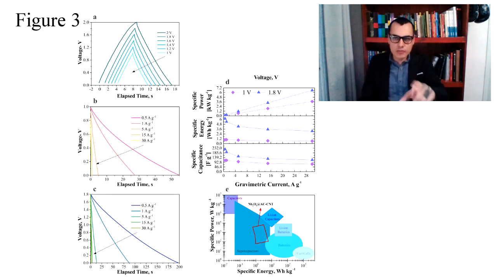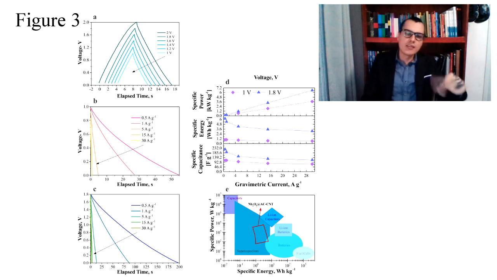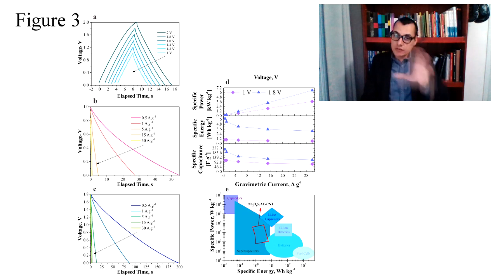With an increase of the gravimetric current from 0.5, 1, 5, 15, and 30 amperes per gram, the results indicated that both devices exhibit a typical symmetric triangular shape for supercapacitors, indicating nearly ideal capacitive behaviors.